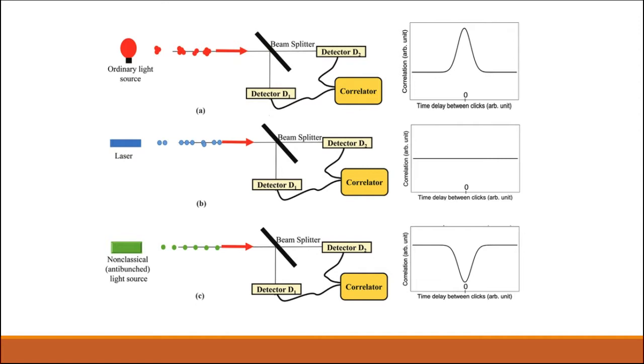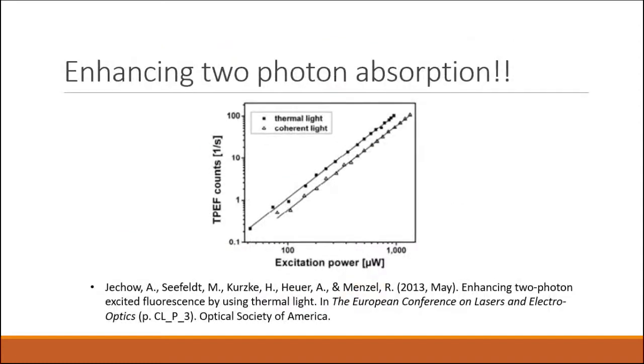With all of this, what I mean is that it is an experiment to know the statistical properties of the photons that arrive from the source, and this is what we will use for two-photon excited fluorescence. In the last years, some experiments with thermal lights have been made, in which the idea previously shown is used to use the bunching of thermal lights to produce the two-photon fluorescence emission.